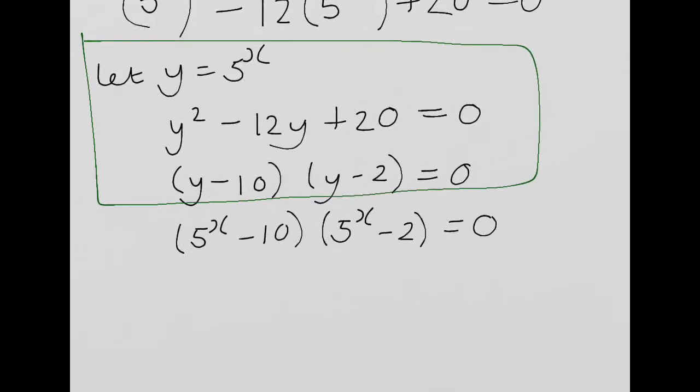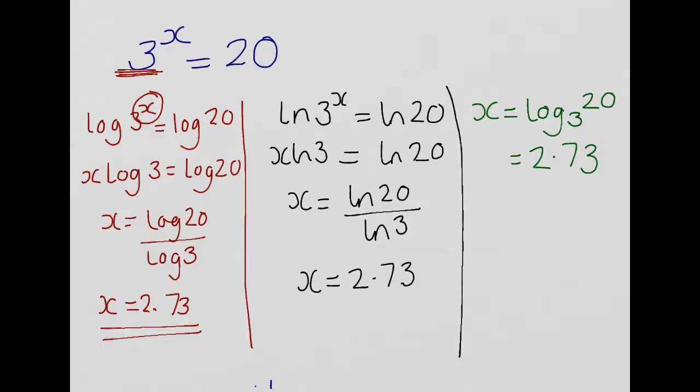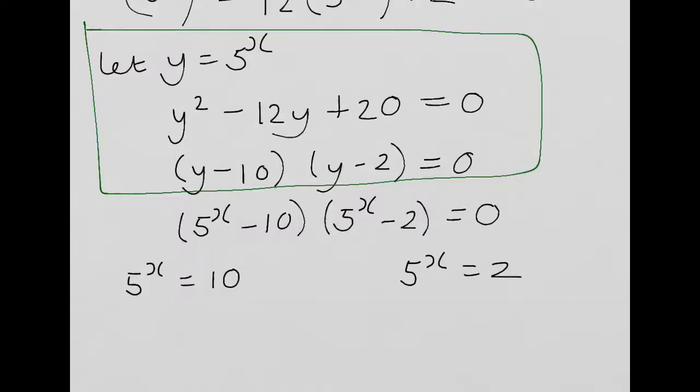And now I can go on and say, okay, I have 5 to the power x equals 10 and 5 to the power x equals 2. This now is just solving as we did previously here, whichever method you prefer.